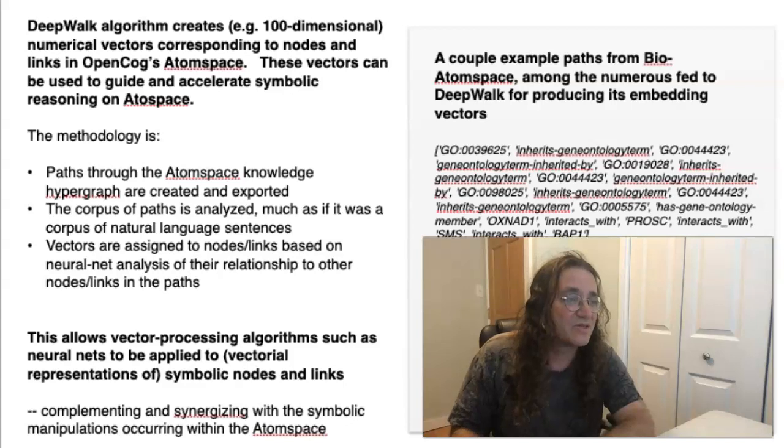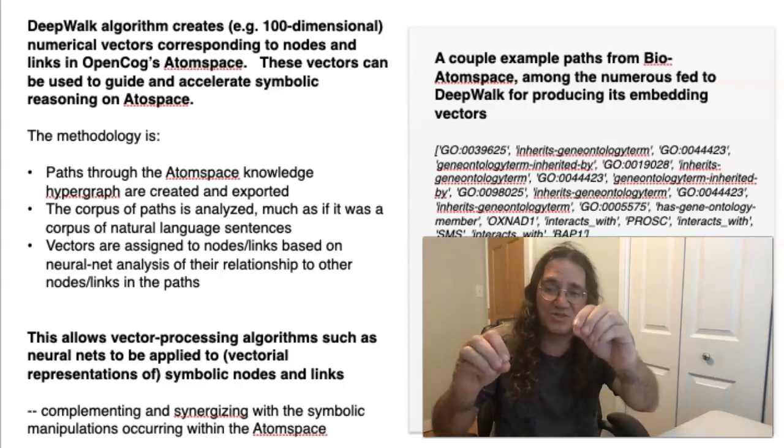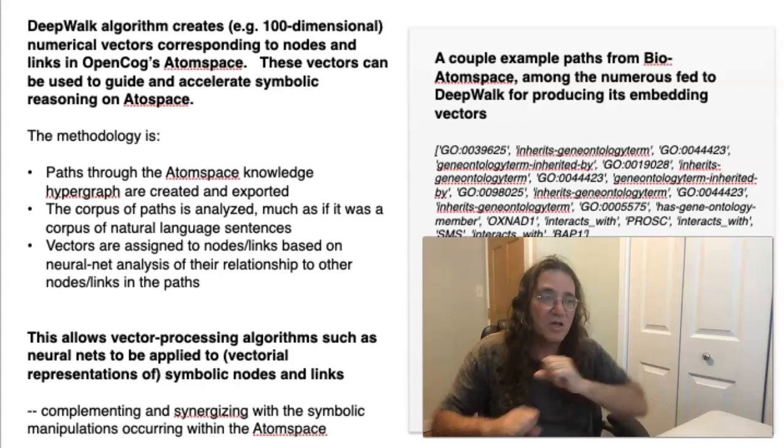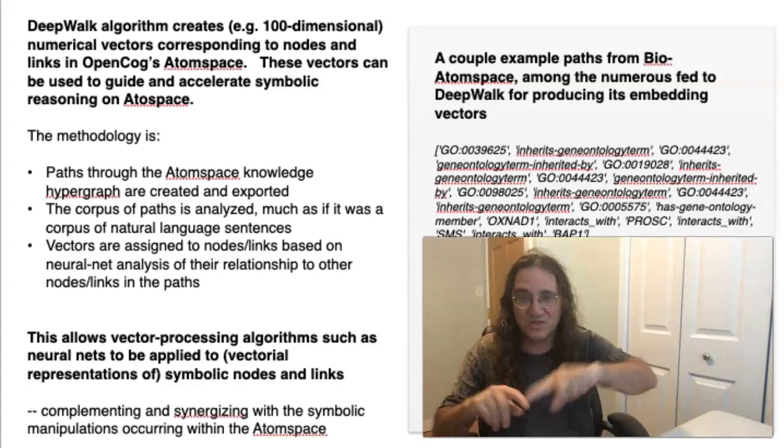Then something like OXNAD1 is a gene name you can see there. Then there are some predicates, like a gene ontology term being logically inherited from something, or interacts with, which says two genes or proteins interact with each other. Whatever is in the bioatom space, you can put into a path.